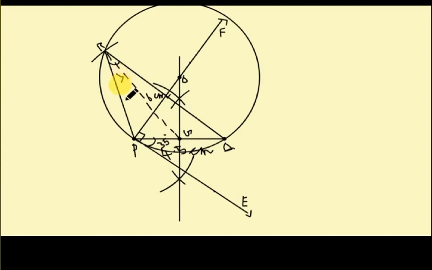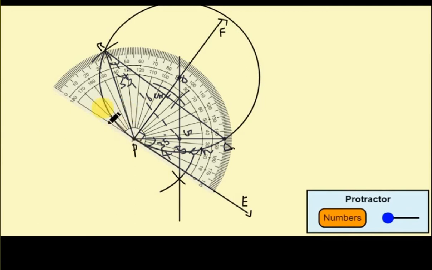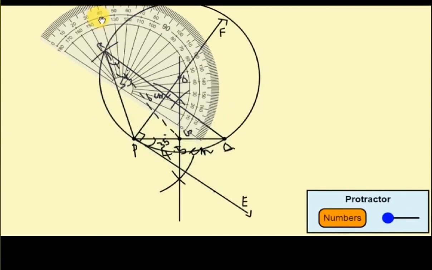So our angle R is 35 degree, and R to G is 6 centimeters. And then our PQ is 4.5 centimeters.